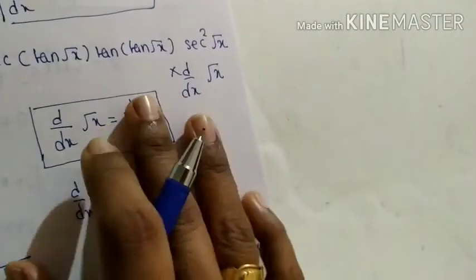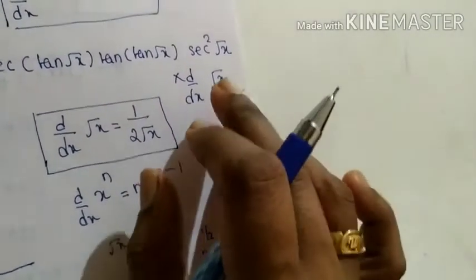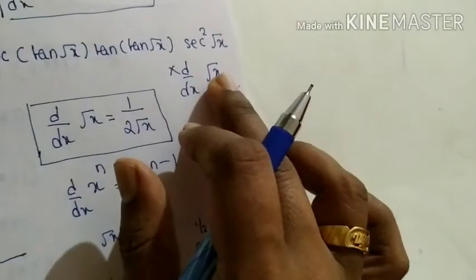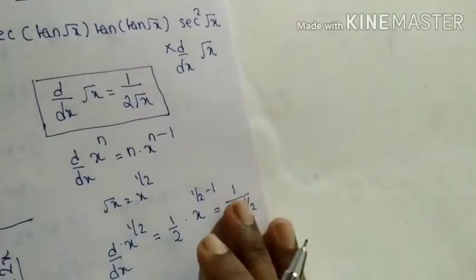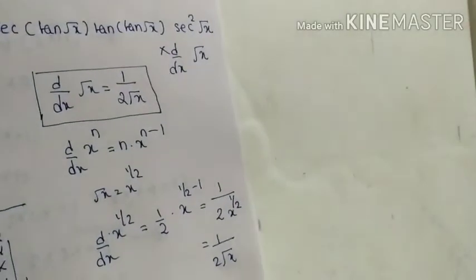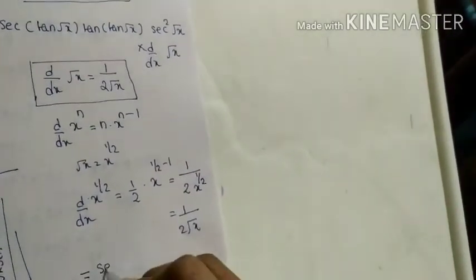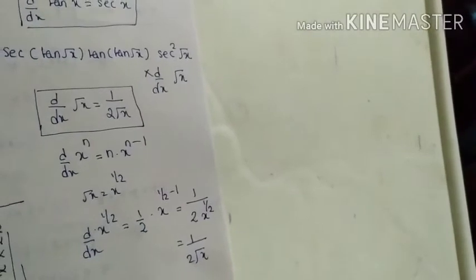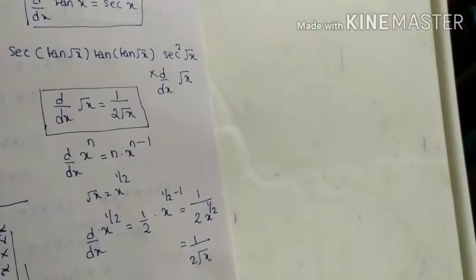Okay, I hope you remember we had studied this term in plus 1. So here replacing the derivative of root x by 1 by 2 root x, the first and second term will remain same.